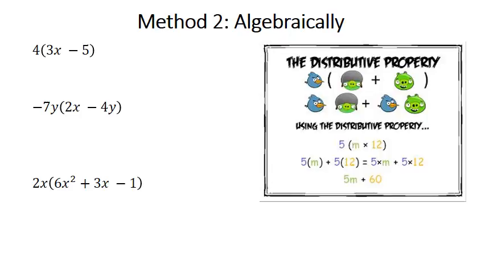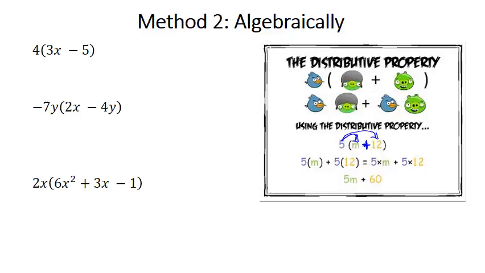So here's an example using algebra. 5 times m plus 12 is the same as 5 times m plus 5 times 12. So this should be 5m plus 5 times 12. So it would be simplified to 5m plus 60.